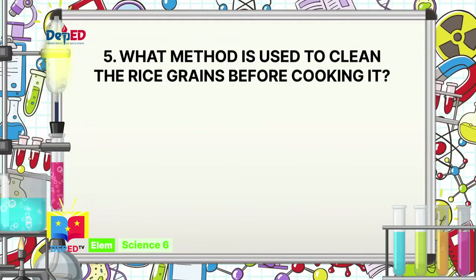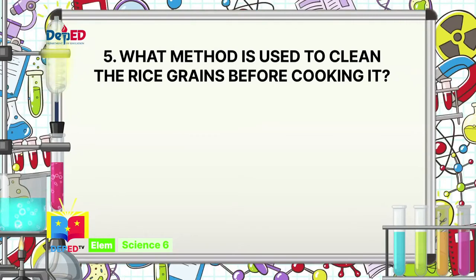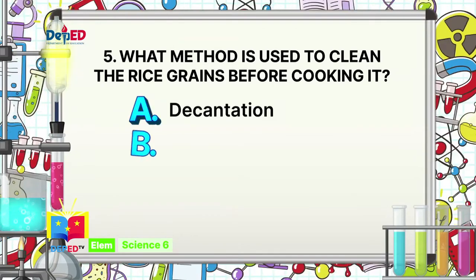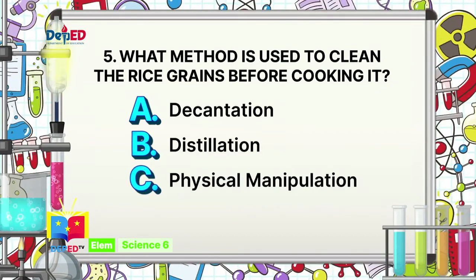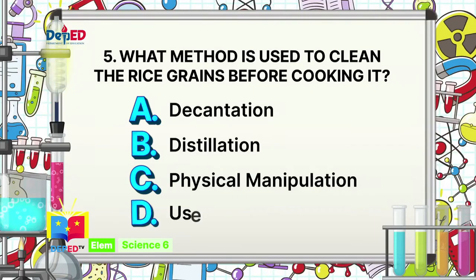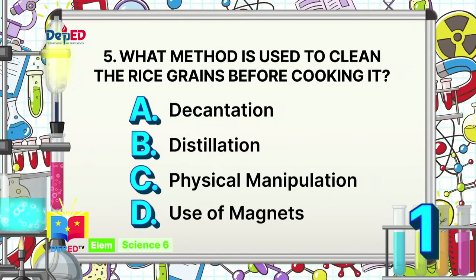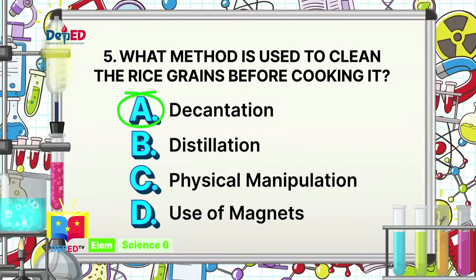Number 5. What method is used to clean the rice grains before cooking it? A. Decantation. B. Distillation. C. Physical manipulation. D. Use of magnets. The correct answer is A.